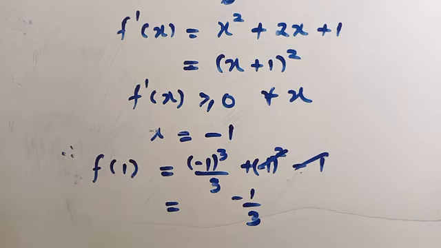And since the derivative is 0 at only a single point, which is minus 1, and it is positive everywhere else, this is called monotone increasing.